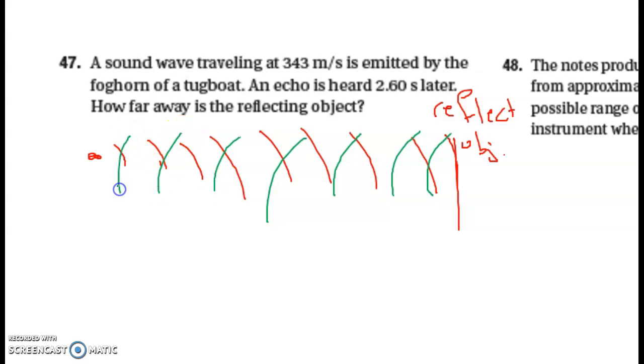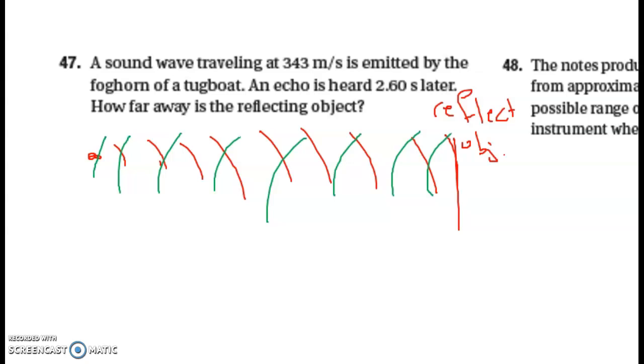How many times? This distance is covered twice. So the echo is the reflected wave. So the time needed for the wave to cover this distance in a forward direction and a backward direction is 2.60 seconds, and the speed is 343 meters per second. So how far means you have to calculate d.